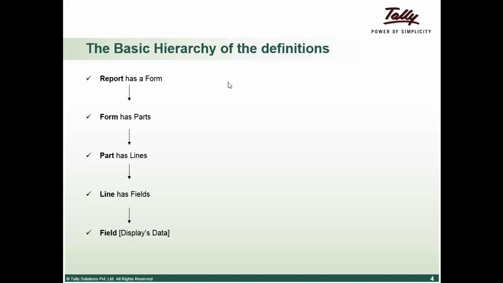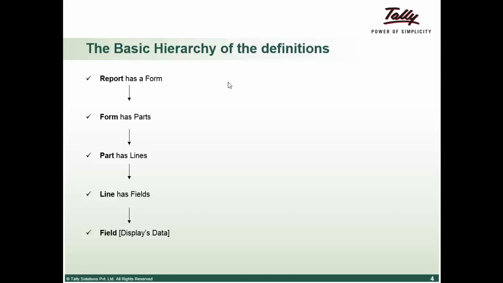A form contains vertical parts. A part can contain further parts or lines. However, at the end, each part should contain lines.